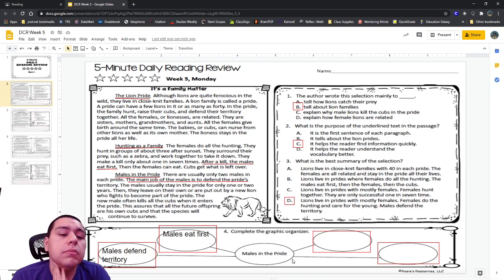No problem. Who can give me another fact about the male lions? We know for one, they defend their territory. That's their job. Number 2, they get to eat first. But I need 2 more facts about the male lions. What's something else they tell me about male lions besides the fact that they defend the territory and that they get to eat first?